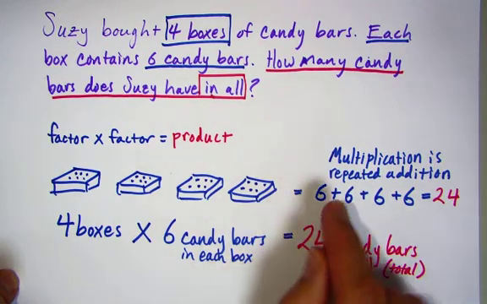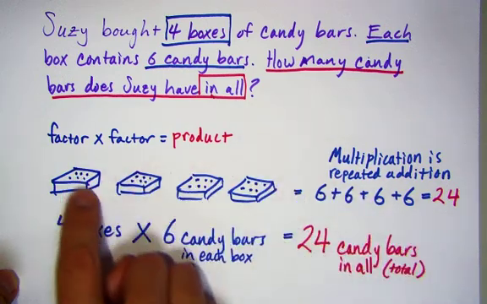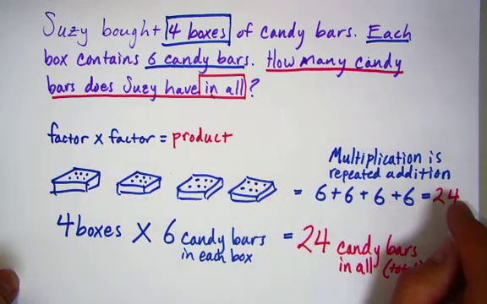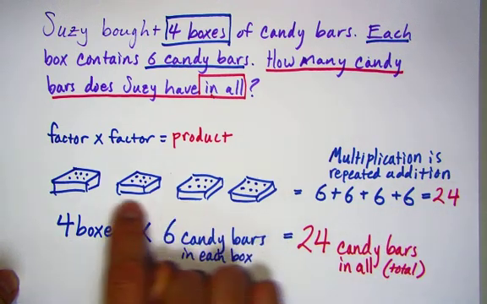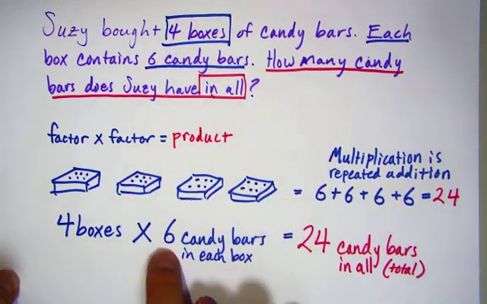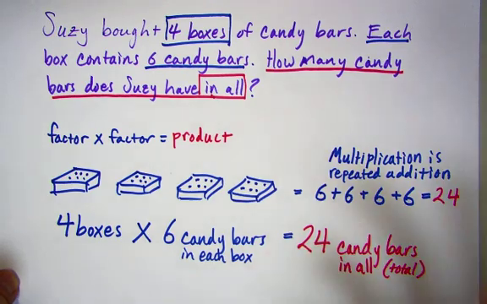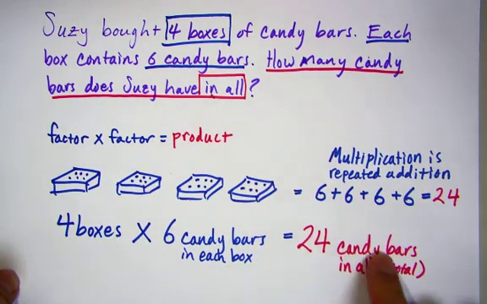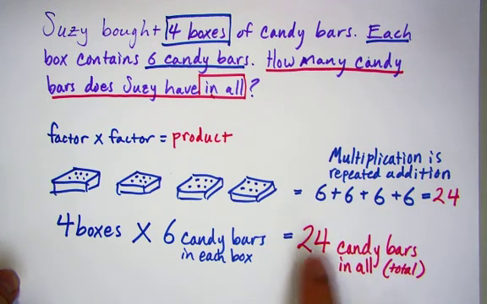Because multiplication is repeated addition, it's easy for me to figure out how many candy bars I have total. Here's my multiplication sentence. 4 boxes of 6 candy bars in each box will give Susie 24 candy bars in all, the total amount of candy bars. So it looks like she does have enough candy bars for her 22 students.